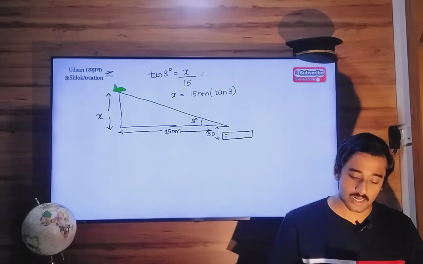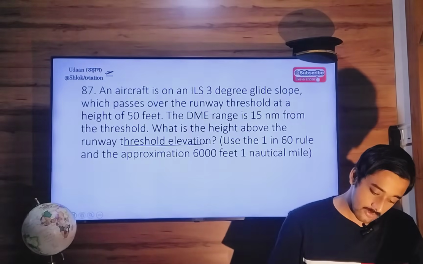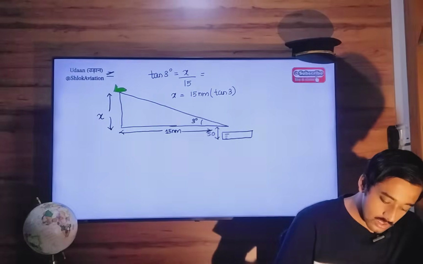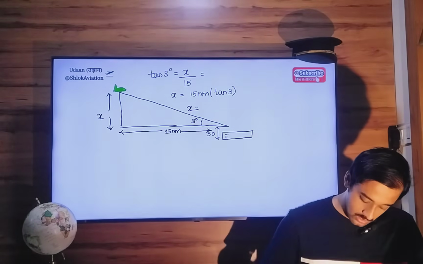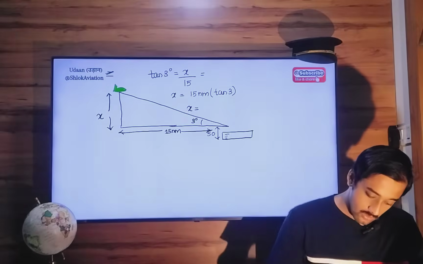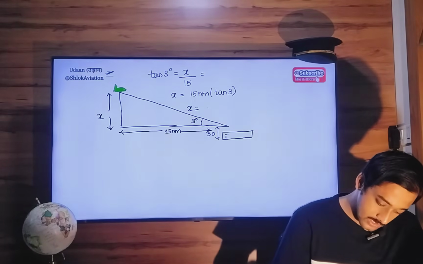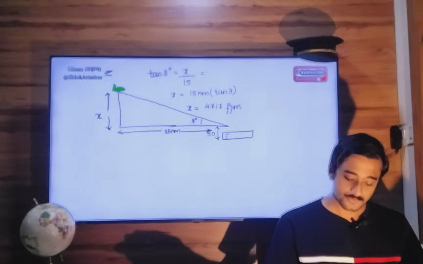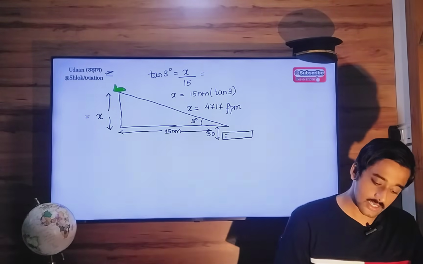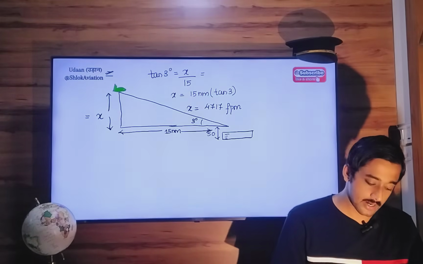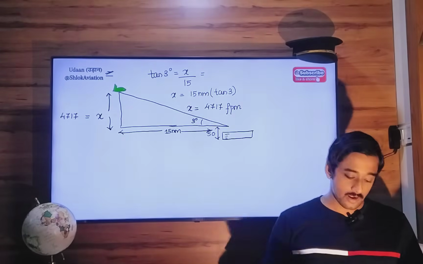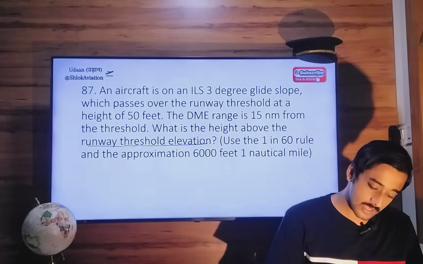Convert that into feet by multiplying by 6,000. So you will get 4,716.7. So x is equal to 4,717 feet. Okay, so that means your aircraft is 4,717 feet high. And now you have to find out the height of this aircraft above the runway threshold.